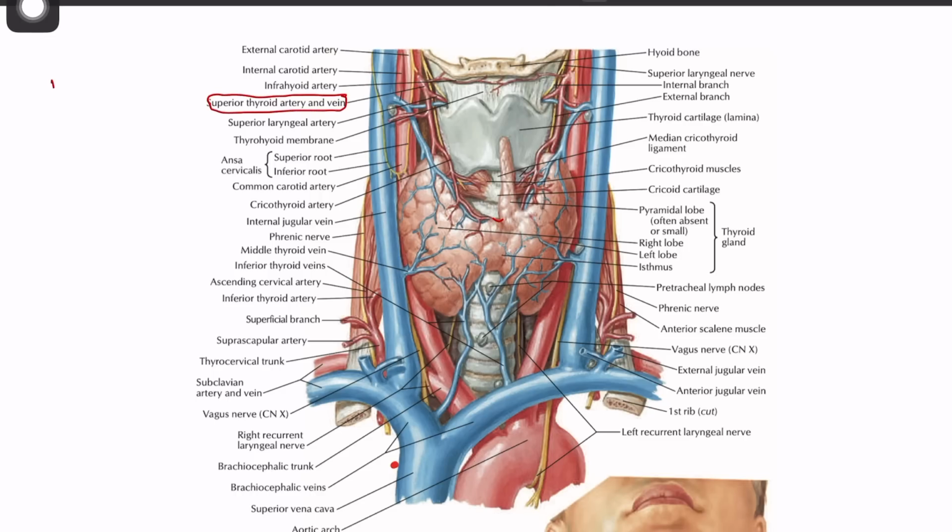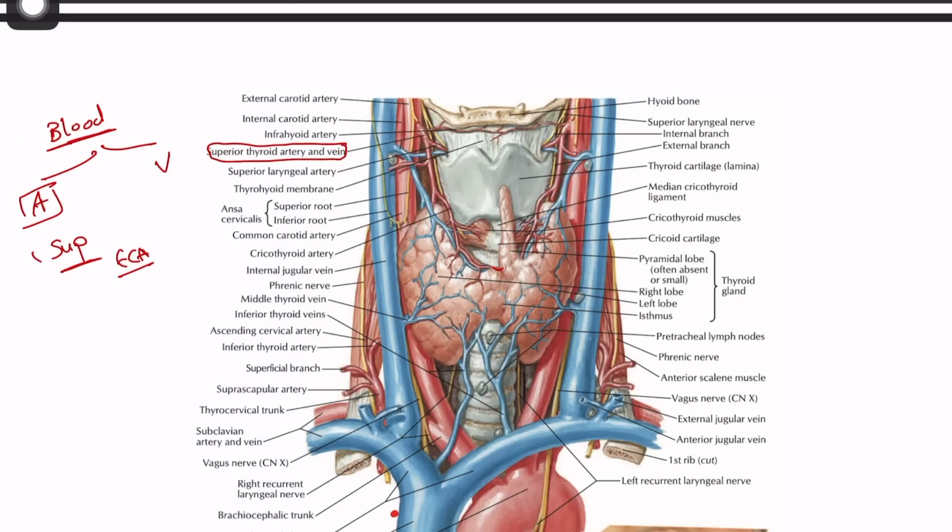So when you mention the blood supply, we need to specify that it is arterial and venous blood supply. Arterial is basically superior, and it's a branch of the external carotid artery. And on the other side, when you look from below, there is the inferior thyroid artery, and as you can see, it's coming up from the thyrocervical trunk, which is right there, and it's a branch from the subclavian artery as well.